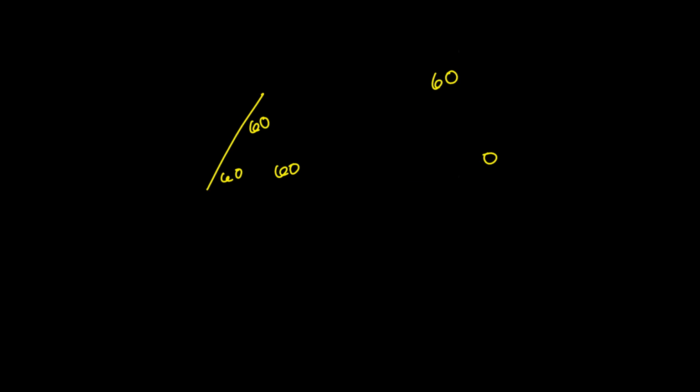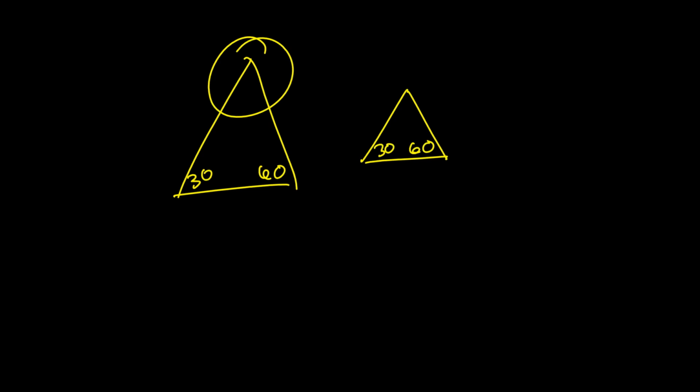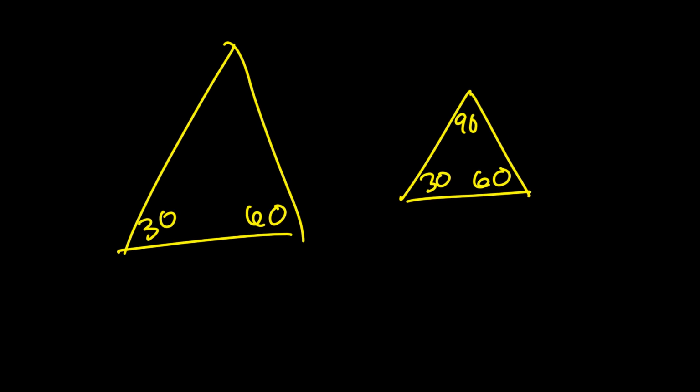Now, the reason in our foldable that it is just angle, angle, is because, say I have this triangle that has a 30, 60, and then I have this triangle that also has a 30, 60. What does this angle have to be? 90. And what does this angle have to be? 90. Did I need those two angles? They can only possibly be one value, right?